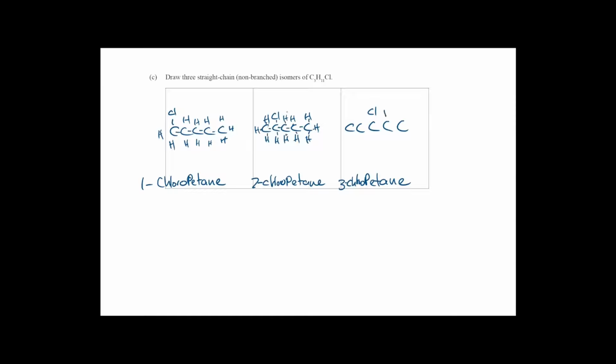And we do exactly the same thing here. Make sure we absolutely saturate that carbon chain. Single bond, single bond. That's what it's going to look like. Looks intimidating, but not really.